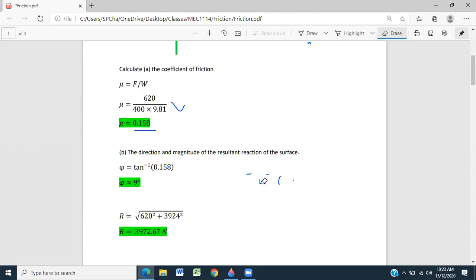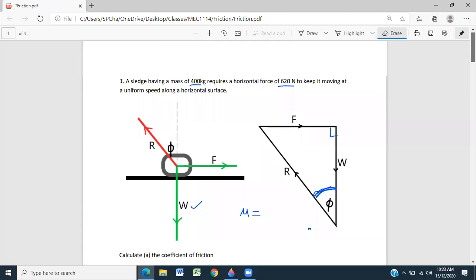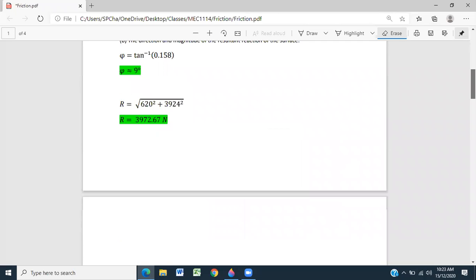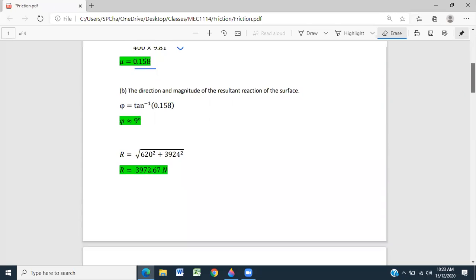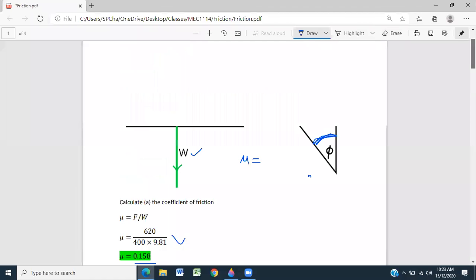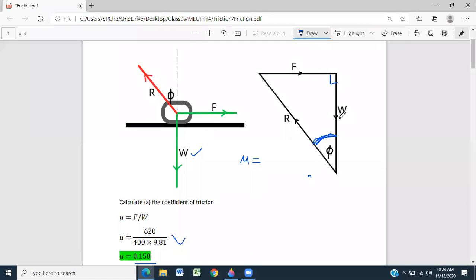So the direction is down. What else do we need to find? We need to find the magnitude of this force, and we already found the coefficient of friction. What is the magnitude? Well, we know two sides of a right angle triangle, so we can use Pythagoras theorem to find the hypotenuse. That's your weight squared plus the force to overcome friction squared, and we square root all of that.